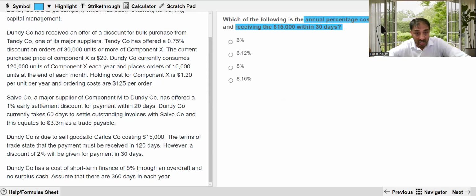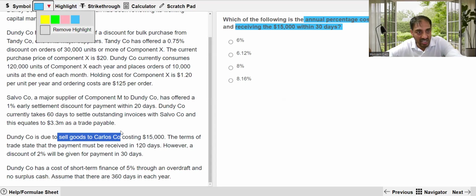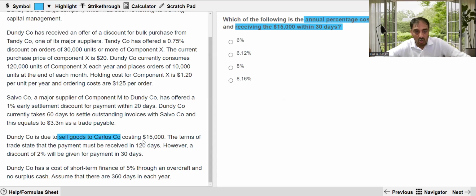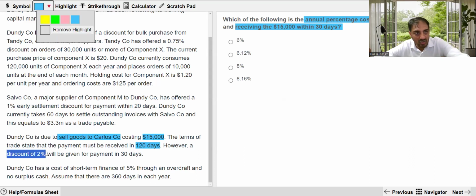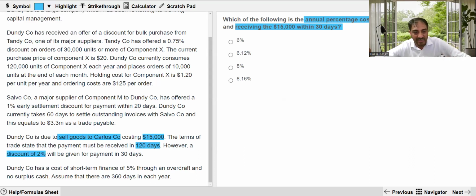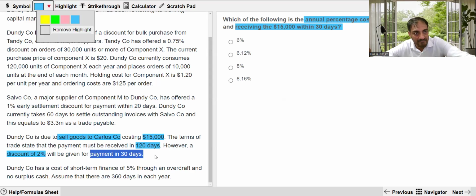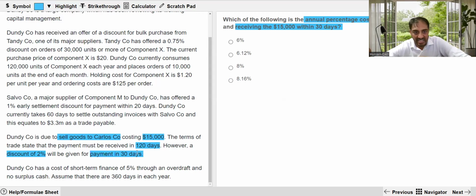D&D company is due to sell goods to Carlos, costing 15,000. That is something about receivables. The terms of the trade state that payment must be received in 120 days. However, a discount of 2% will be given for payment in 30 days.